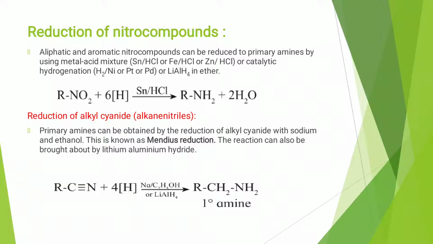So we get primary amines by reduction of alkyl cyanide. This reaction is Mendius reduction, that is reduction of alkyl cyanides by using sodium and ethyl alcohol or lithium aluminum hydride.